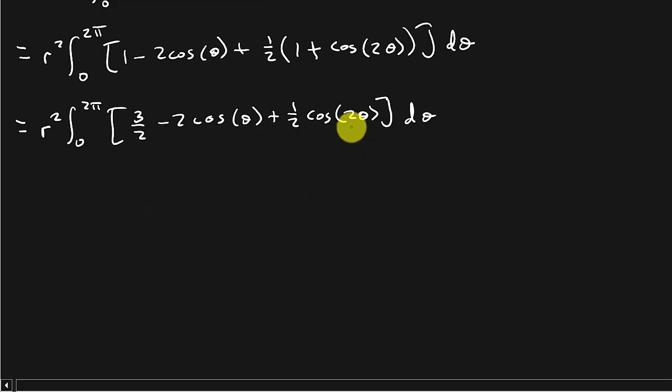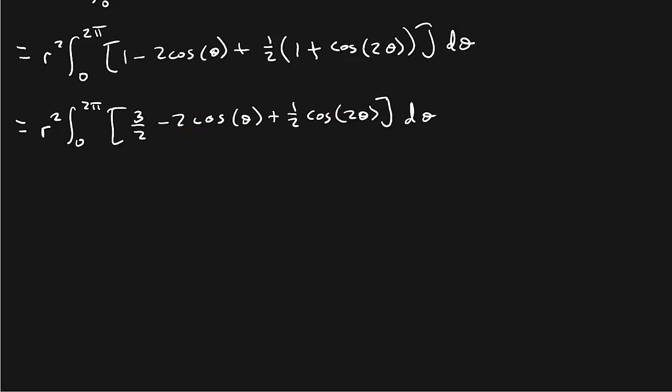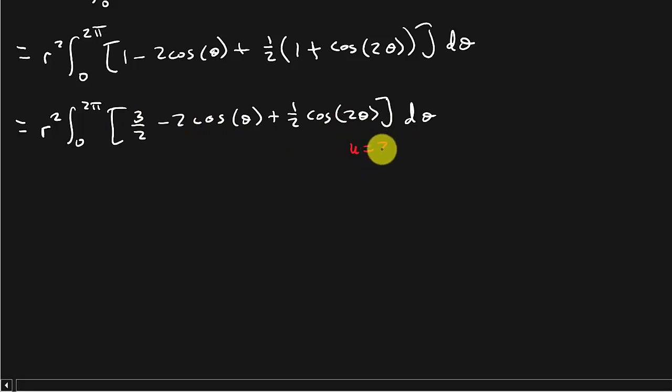Now remember, these two here are easy to integrate. This one you can do with u substitution: let u equal 2 theta, du equals 2 d theta. Do your u substitution on that one.